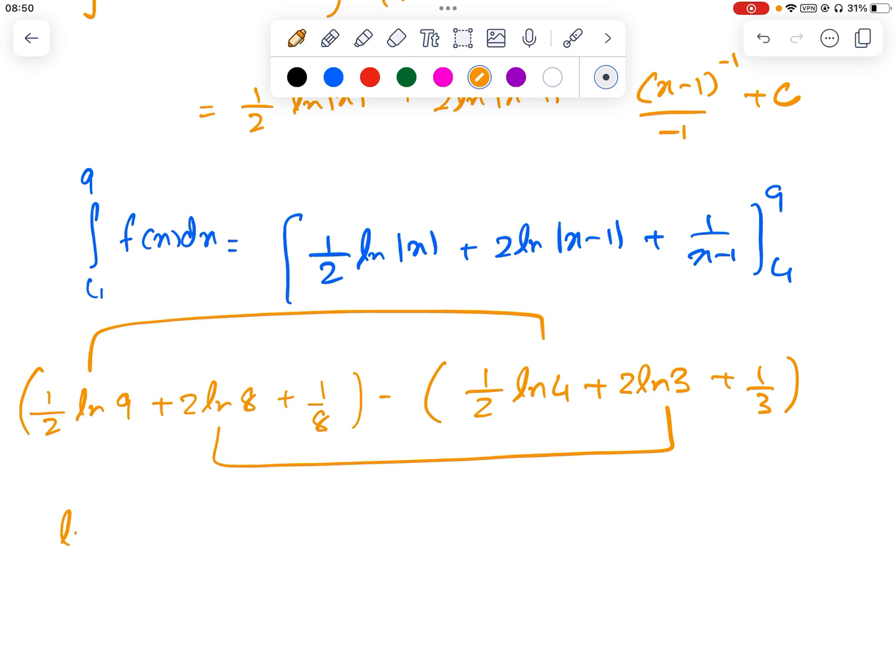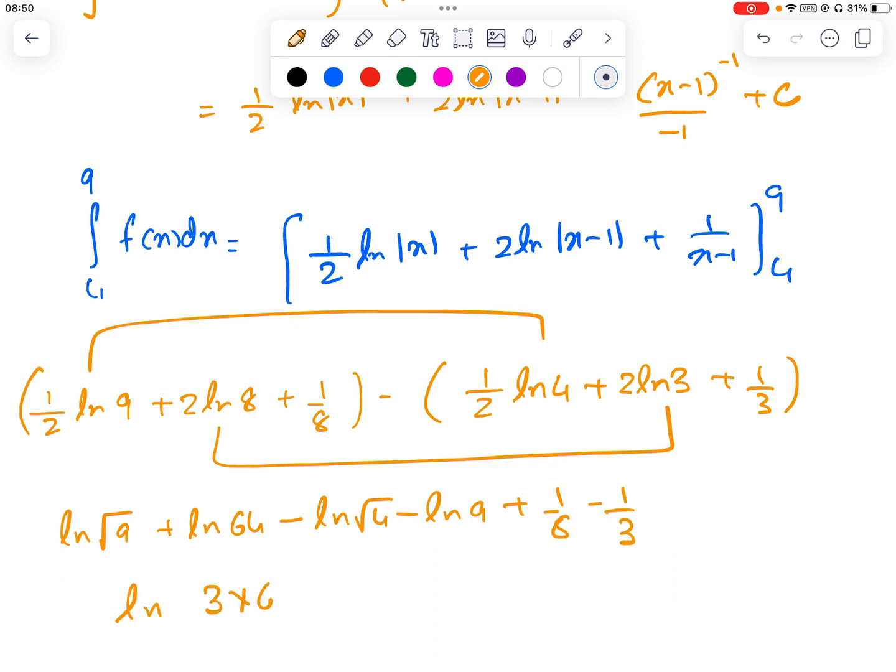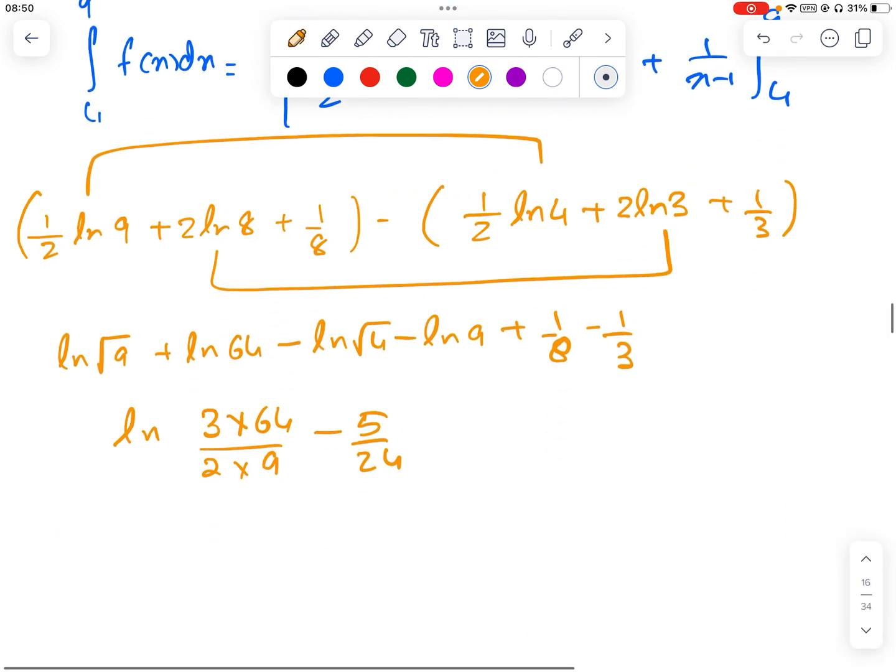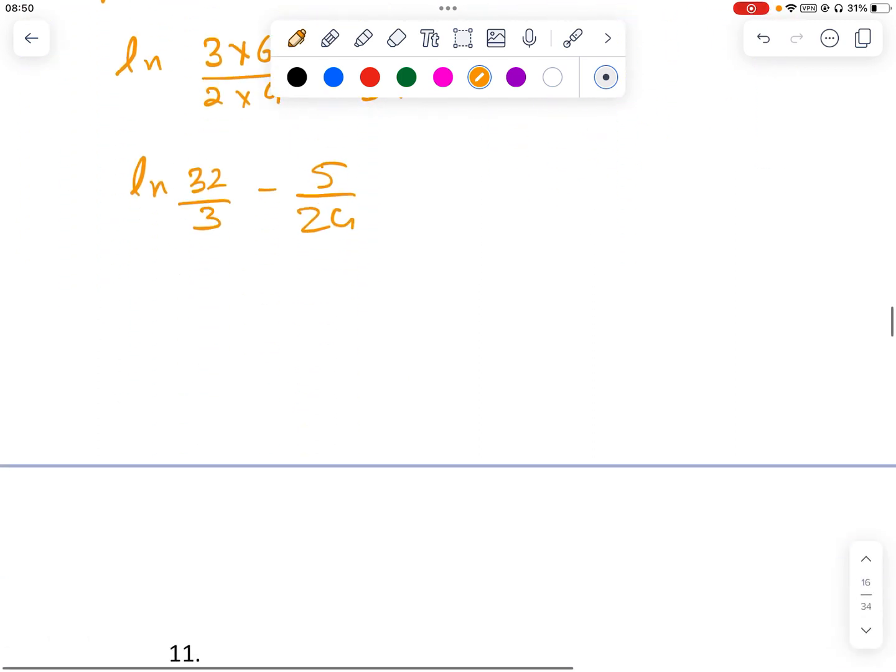So first of all this becomes ln square root of 9 plus ln 64 minus ln square root of 4 minus ln 9. Then the numbers are 1 upon 8 minus 1 upon 3. So this becomes ln 3 times 64 divided by 2 times 9 plus minus 5 upon 24. 1 upon 8 minus 1 upon 3 is 5 upon 24. So this becomes ln 32 upon 3 minus 5 upon 24. That's going to be the answer.